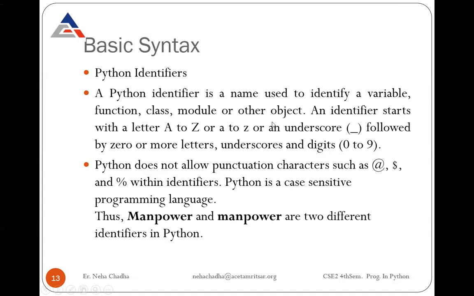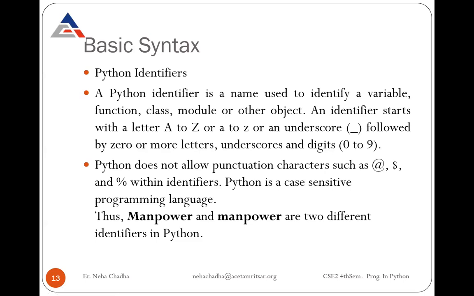An identifier starts with the letter A to Z in the caps or in the small, and underscore, followed by zero or more letters, underscores and digits. When you are going to give the name of the identifier, it must not start with any numeric value. It must not start with any special character except underscore. You can write underscore a equal to 10, but you can't write dollar sign a equal to 10.